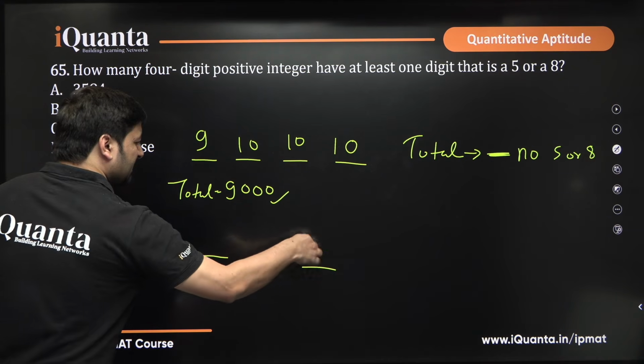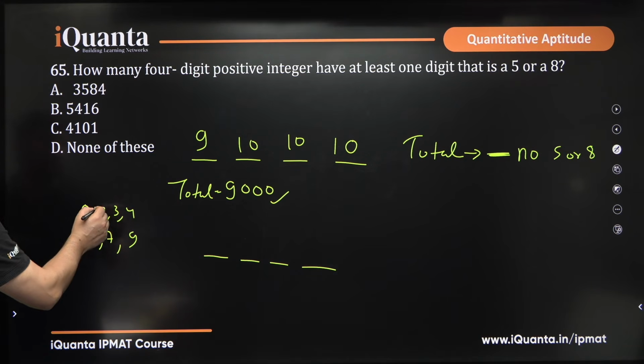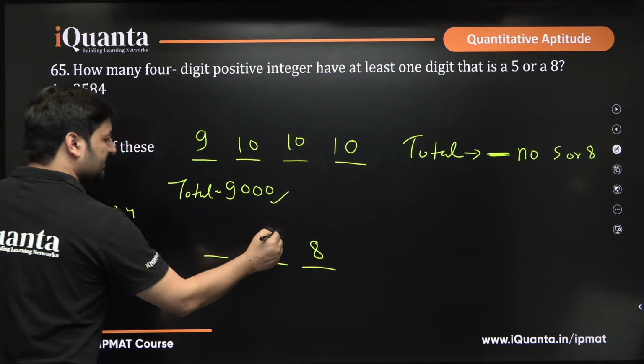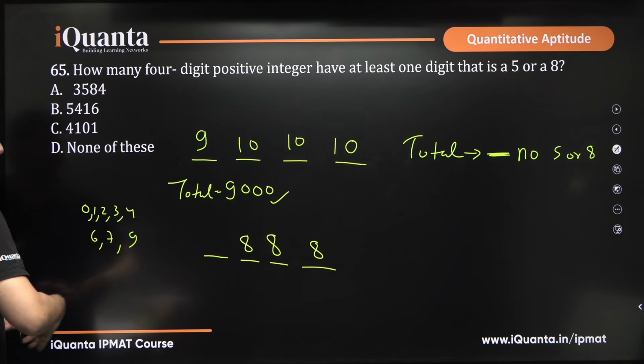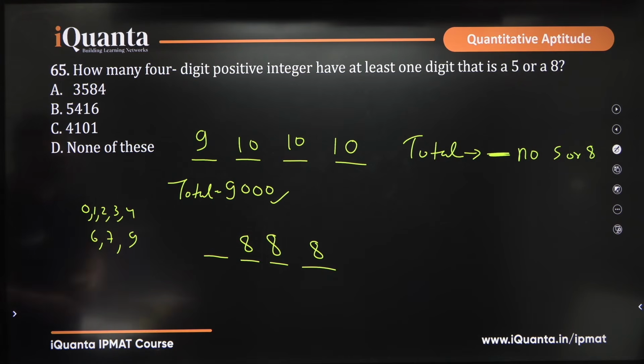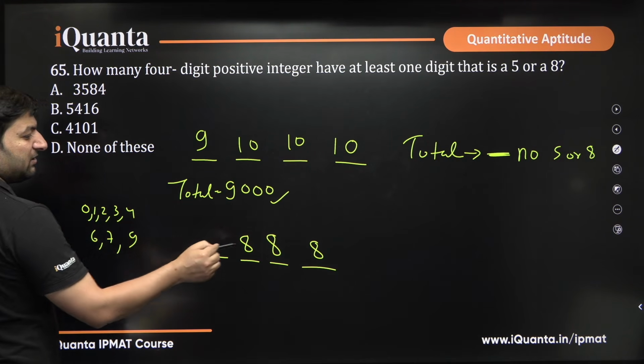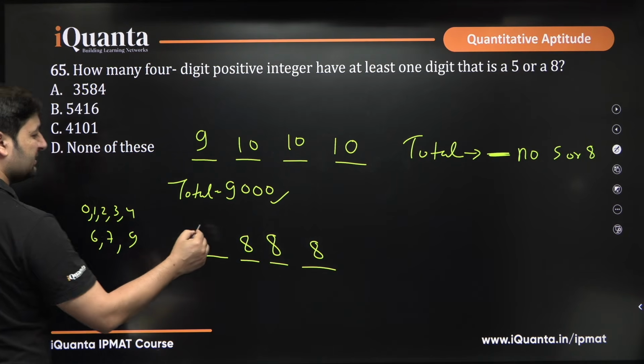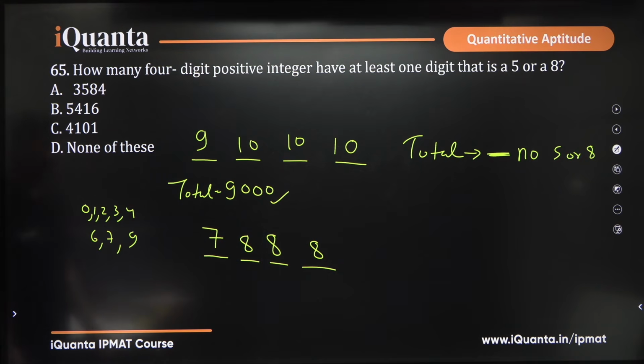On this place, how many digits can you put? 1, 2, 3, 4, 5, 6, 7, 8. 8. On this place, again these 8 digits, this place 8 digits. In this first place, how many digits can you put out of these? 0 cannot be put over here, otherwise it will not remain a 4-digit number. So 1, 2, 3, 4, 6, 7, 9. That means 7 digits can be put over here, right?